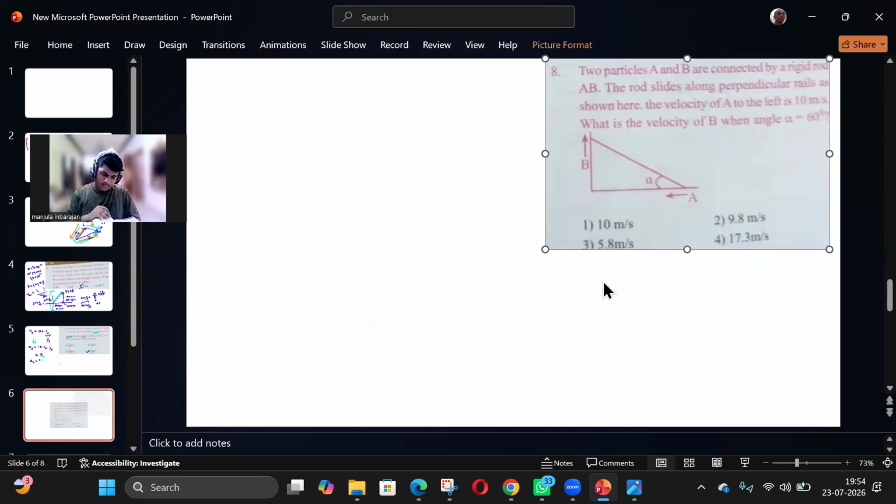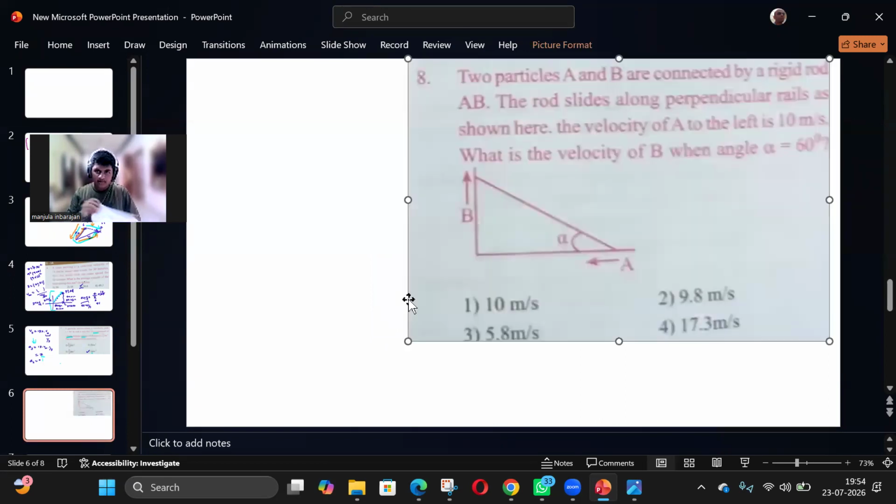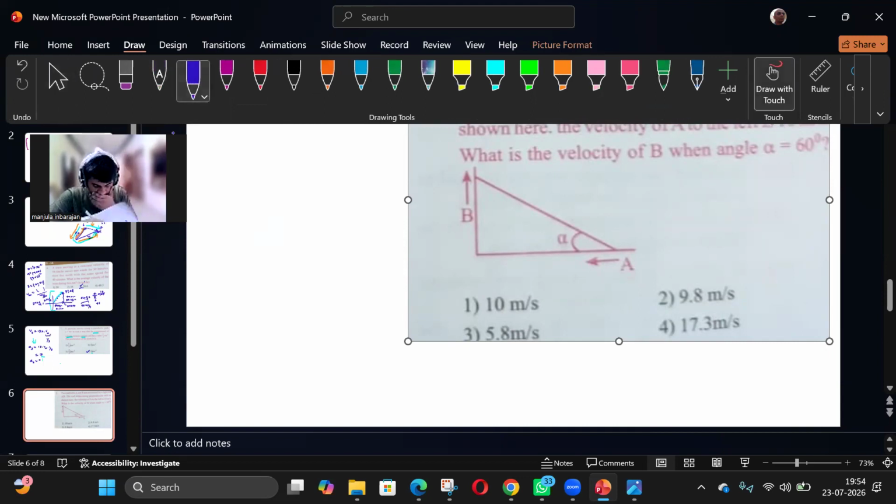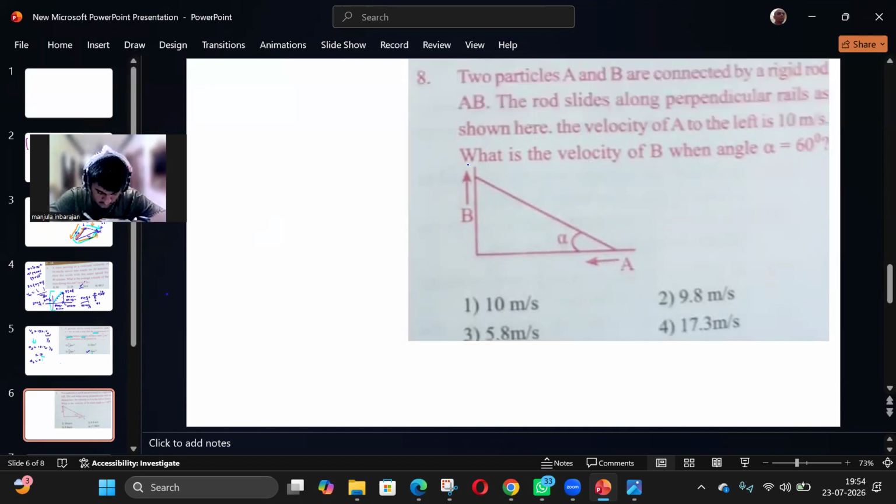When the rod is sliding, the variable is alpha. Alpha will change. The thing which is not changing is the length of the rod. Let me call it L. Let the x coordinate of point A be x, and the y coordinate of point B be y.